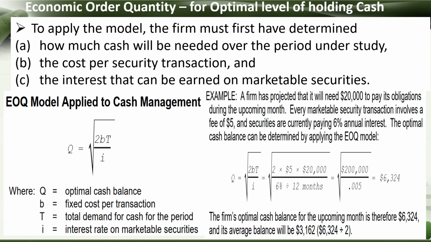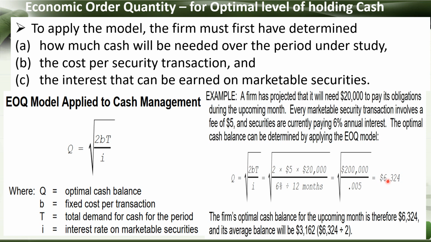So we apply that into this formula: 2 into B, which is $5, multiplied by the T value, which is the total demand for cash, $20,000, divided by I, the interest rate, which is 6% per annum. But here we are talking about 1 month only, so this is divided by 12 months. So we get $6,324 as the economic order quantity for the cash management.